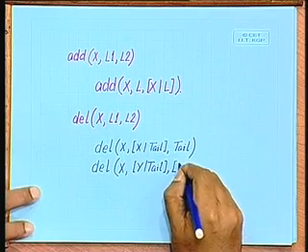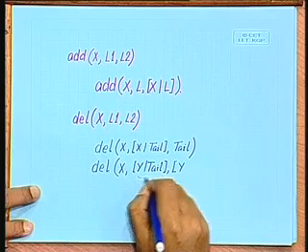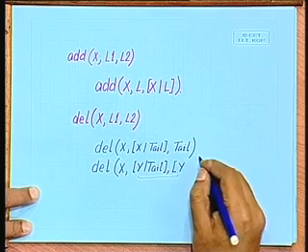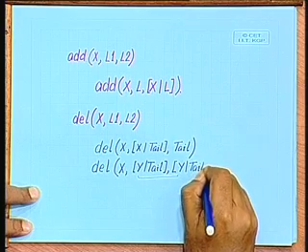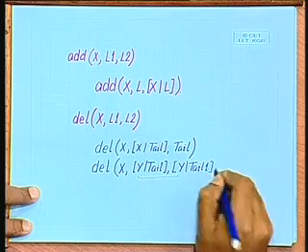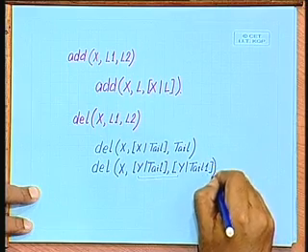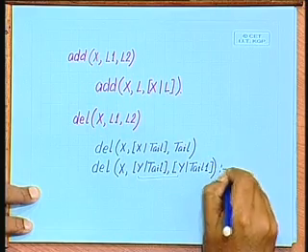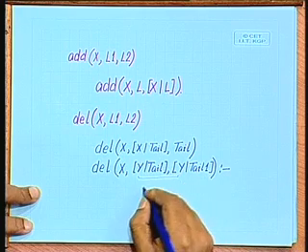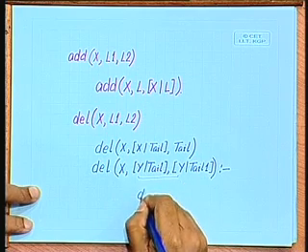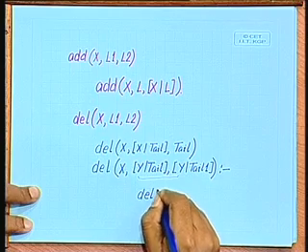So, therefore, we have to put y again here. So, this is the binding, followed by some tail 1. So, L2 is some other list.